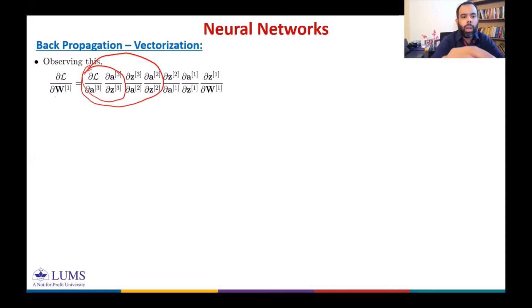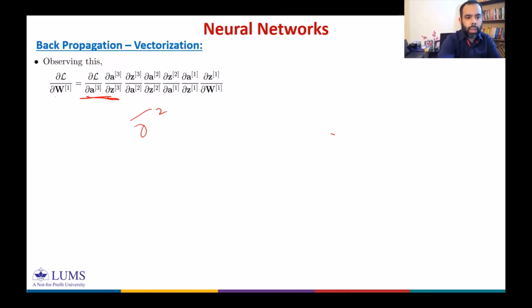Similarly, the first four terms represent the partial derivative of loss with respect to Z2, and I can use this to compute the partial derivative of loss with respect to Z1 by simply multiplying with these two terms.